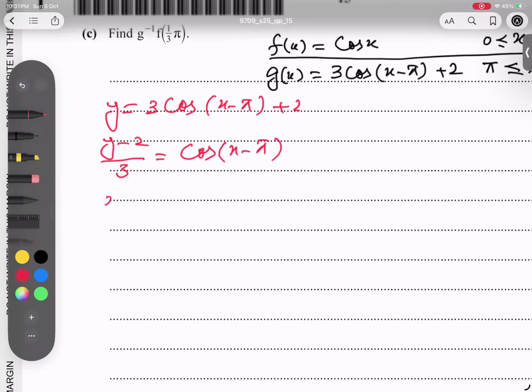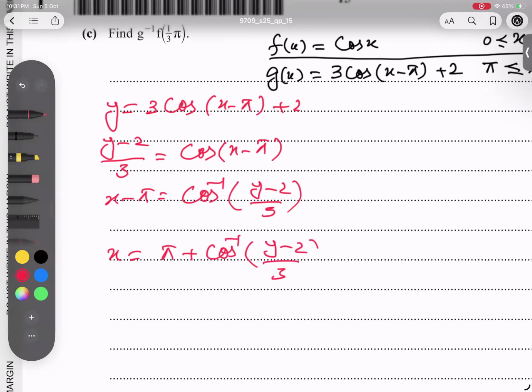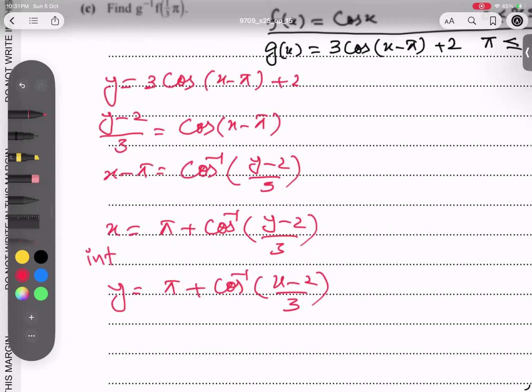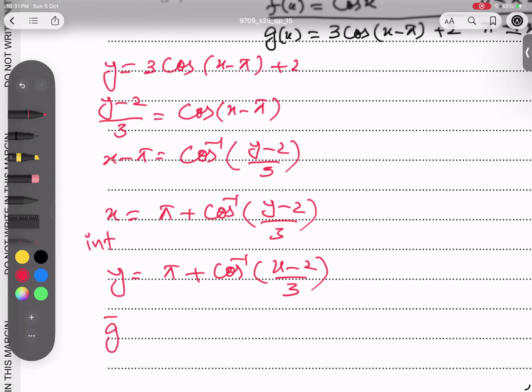I got x minus pi equals cos inverse of (y minus 2) over 3. Now pi will go to the other side: x equals pi plus cos inverse of (y minus 2) over 3. Interchanging, each x becomes y and each y becomes x. Okay, done. This is called g inverse.